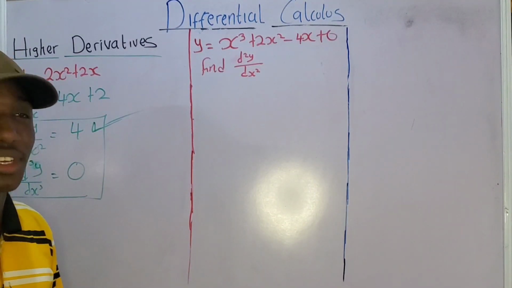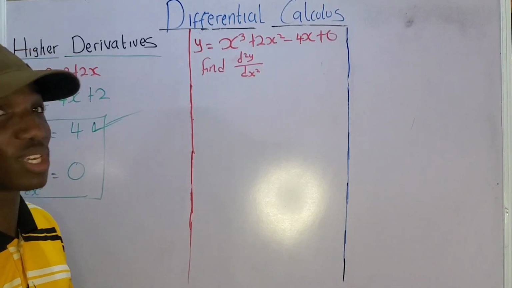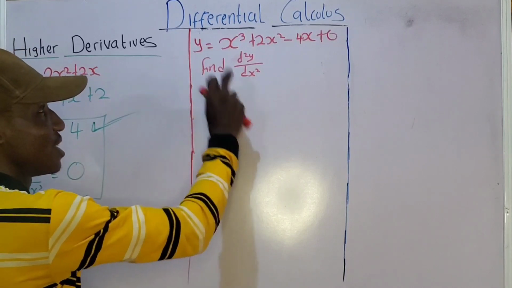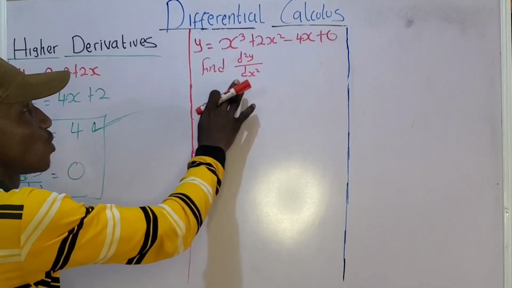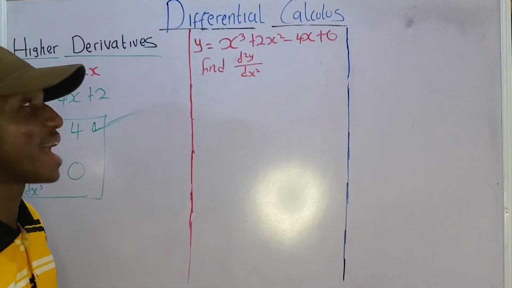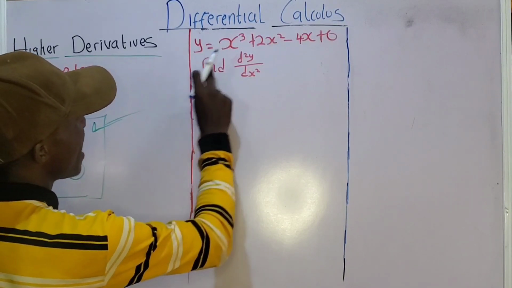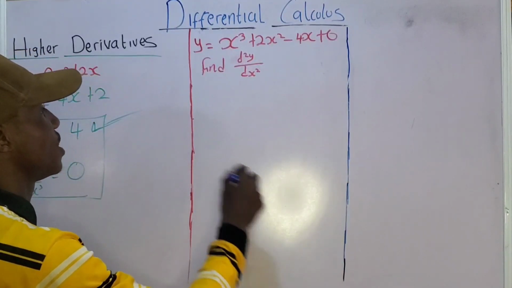The reason why I'm laying emphasis on this is because we're going to use it in application of differentiation by the time we get there. Okay, so kindly pay attention. When you differentiate this function twice, that means you have already found what they asked you to find, d squared y over dx squared. Now, let us proceed. We have y equals x raised to the power of 3 plus 2x squared minus 4x plus 0.